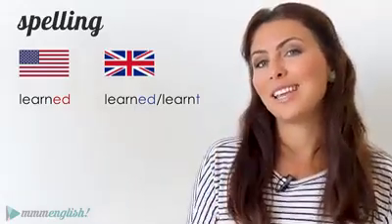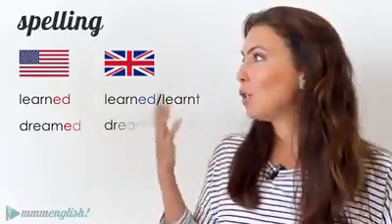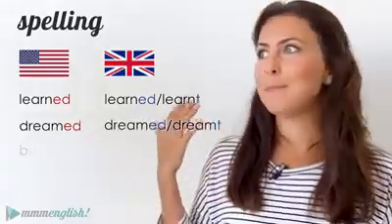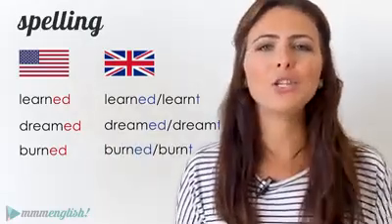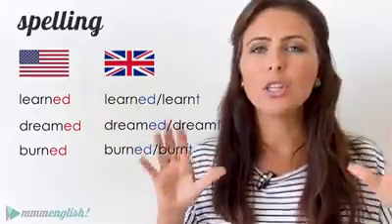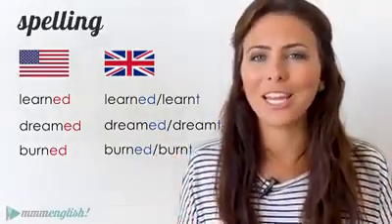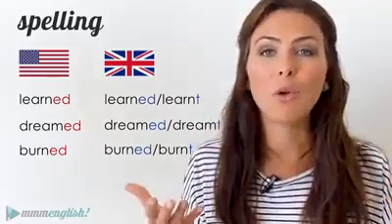Notice that the pronunciation is the same. The same rule applies for dreamt and burnt. As an extra hint, make sure you're using a spell check tool that is set to the type of English that you're learning so that it's correcting your spelling with the right type of English.